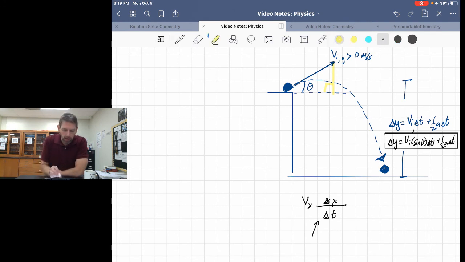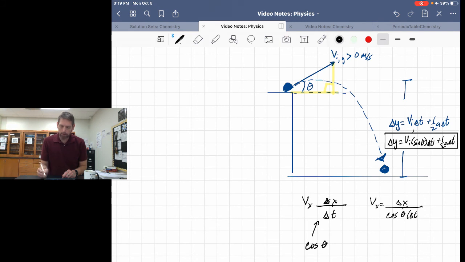The side right here, along that adjacent side, is our cosine. That is the cosine of theta. So we simply factor this in right here, and we get a new form of the equation: velocity on the x equals the change in displacement divided by cosine theta times delta t.